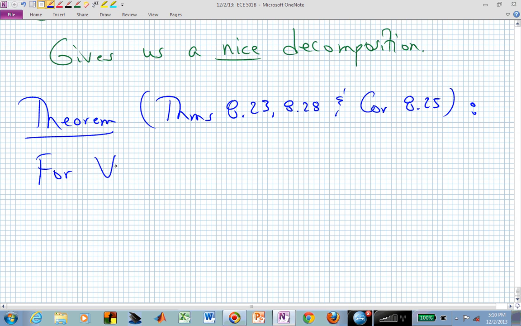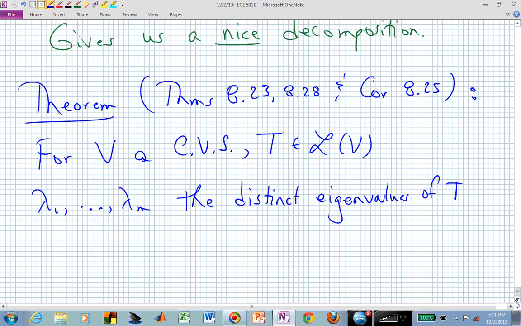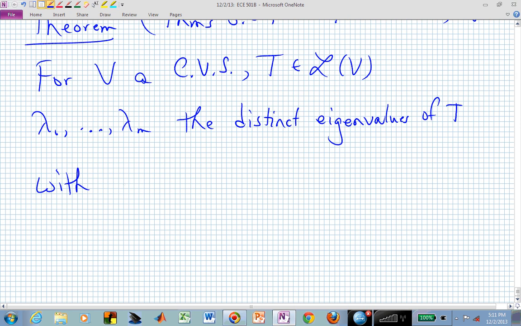Given a complex vector space V, a linear operator T on that vector space, lambda sub 1 through lambda sub m are the distinct eigenvalues of T. And now when I say something like with U sub 1, U sub 2, U sub m, the corresponding invariant subspaces, I hope you feel comfortable with what those are.